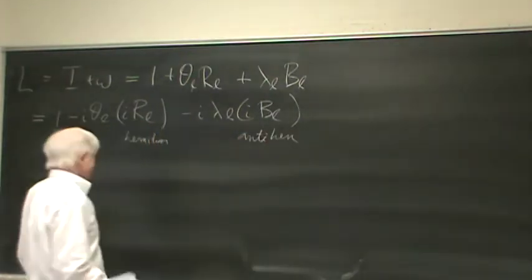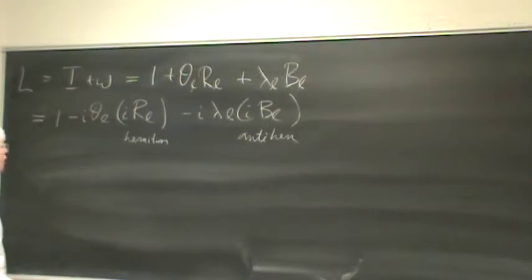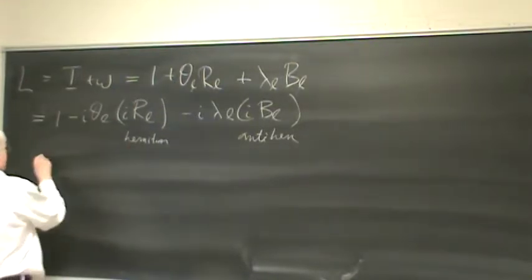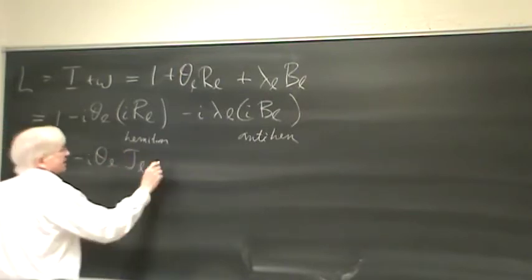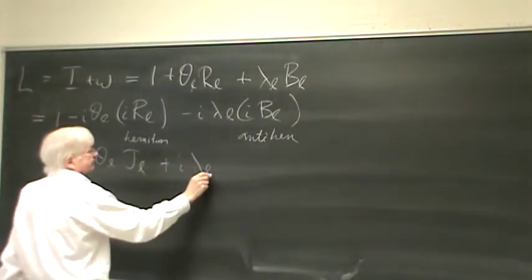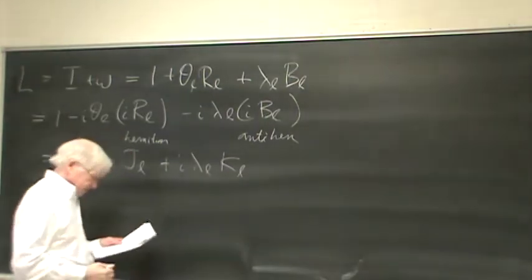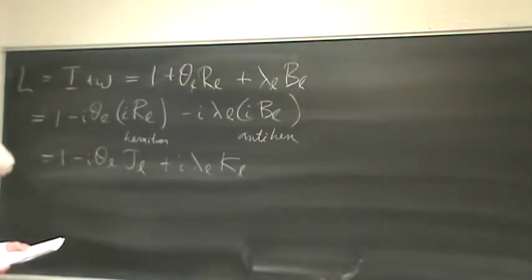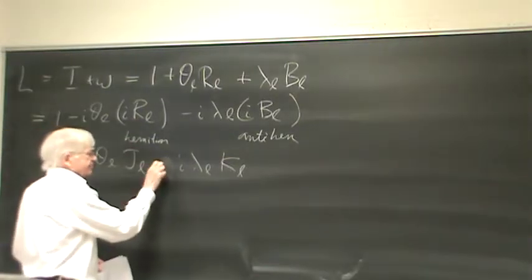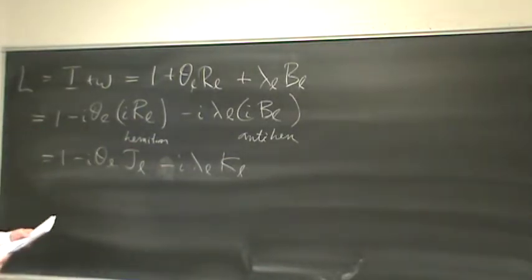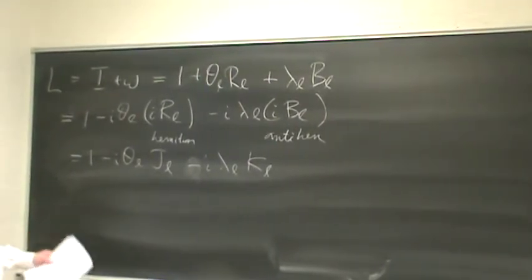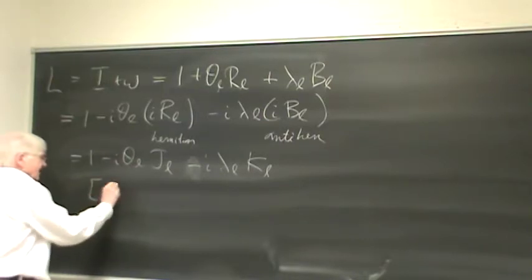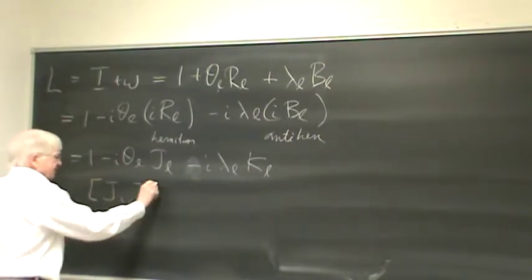So boosts are anti-Hermitian. And what we normally do is we rename these. We call these JL, and we call those KL. Now here's what's really, well, let us just say you form the commutation relations. What you find is this.